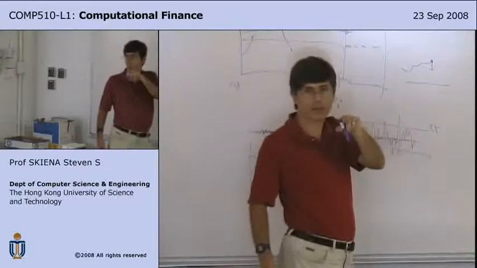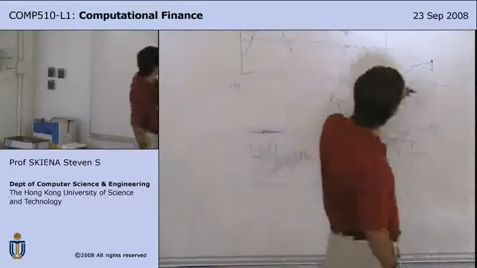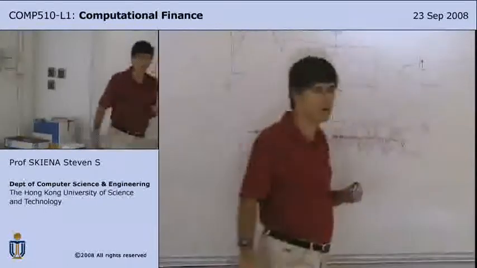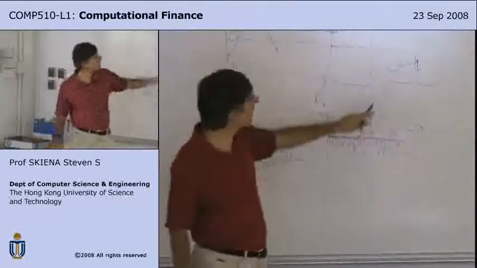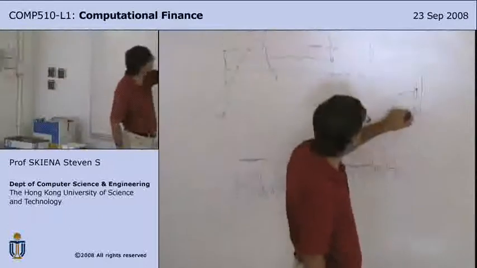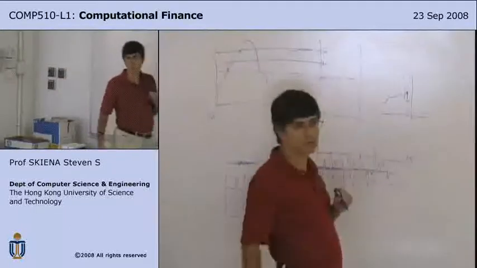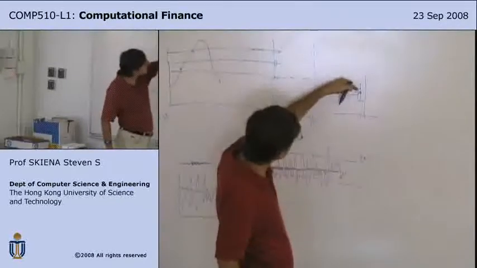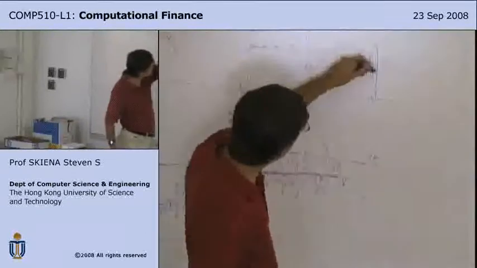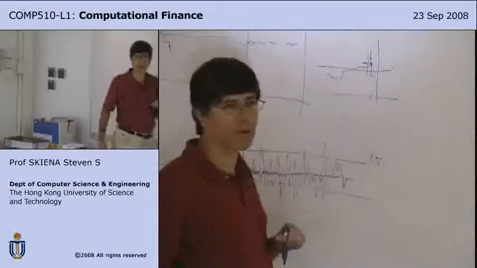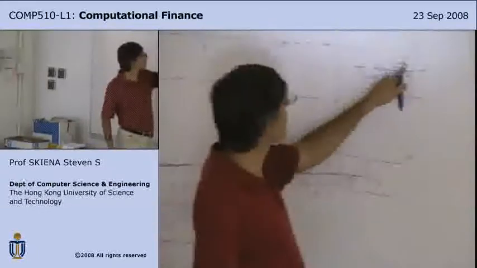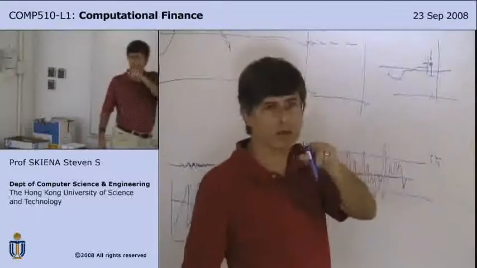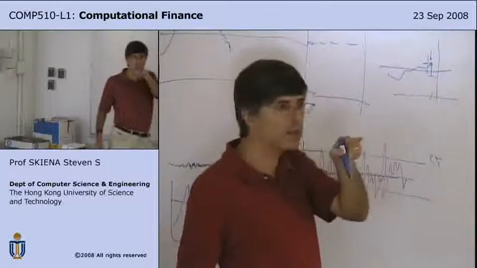Does everybody see that? So let's say your dividend date is here, and this is your strike date. Knowing that there's going to be dividends given out here means that even though the stock price is right now trading, let's say, well above the strike price, it might very well be that because of the dividend, you will stop being in the money the day after they give the dividend.